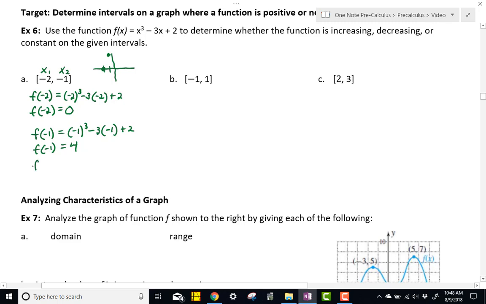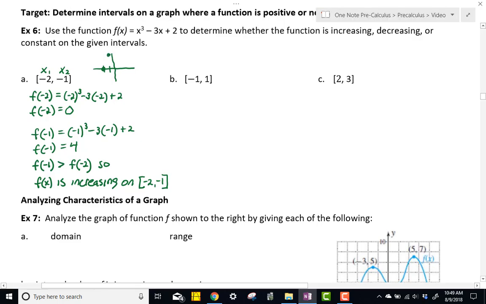We say that because f of -1 is greater than f of -2, f of x is increasing on the interval -2 to -1. Okay? Let's try another one.